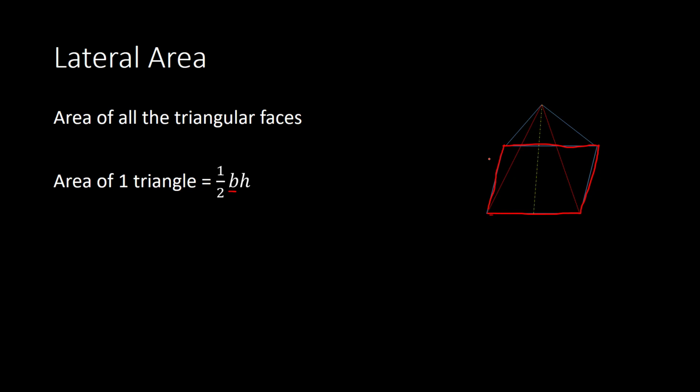If I add up all these bases of the triangles, I have the perimeter of that square. So instead of the B, the base, I'm going to put in a P for perimeter of the base. And then the height of the triangle would actually be the slant height, because the triangles are all slanted. So the formula to find the lateral area is 1/2 of the perimeter of the base, multiplied by the slant height.